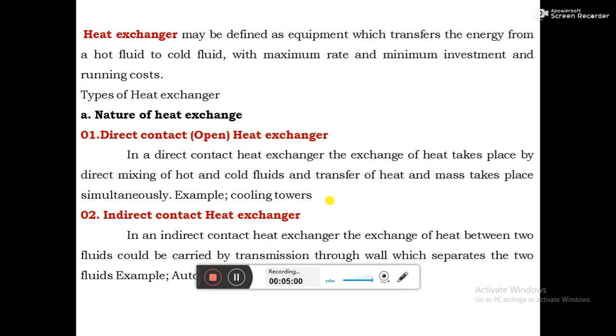As we know, there is no direct contact between the atmospheric air and the fluid or the hot water which is flowing through the tubes. The atmospheric air flows over the tubes and the water flows inside the tubes. Thus there is no direct contact. This type of heat exchanger is called an indirect contact heat exchanger.